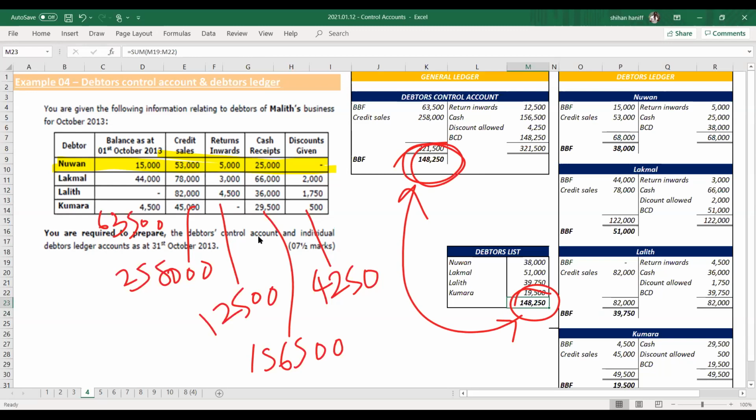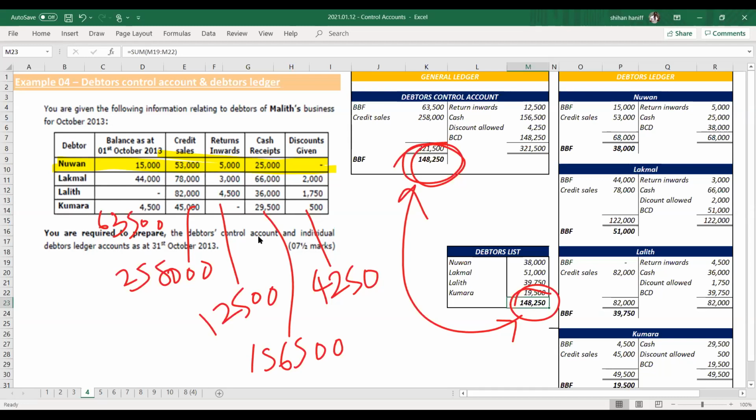So this is how we prepare the general ledger control account and sub ledger individual accounts. Very simple. Only thing you need to know is the format. It can be individual account, it can be control account, the format is same.